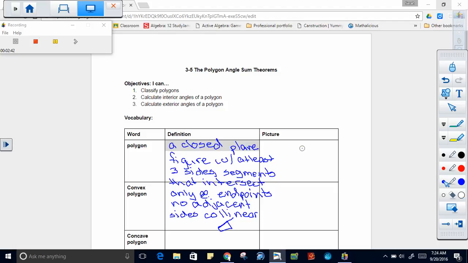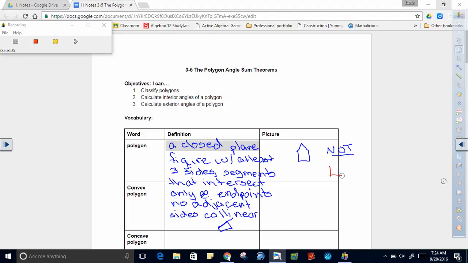Okay, for your pictures, this is a polygon. All of my sides are straight, they're segments. They only intersect at the endpoint, and it's closed. I couldn't drive a car in there. Okay, these are examples, not a polygon. I'll do it in a different color. This would not be a polygon.